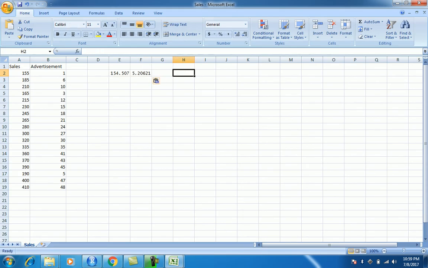Now let's try to determine: is equal to this plus this into this, and we are fixing this value.